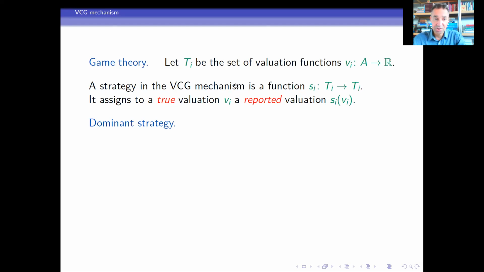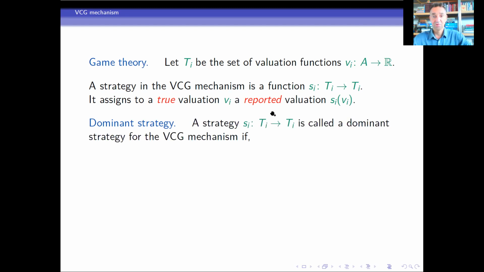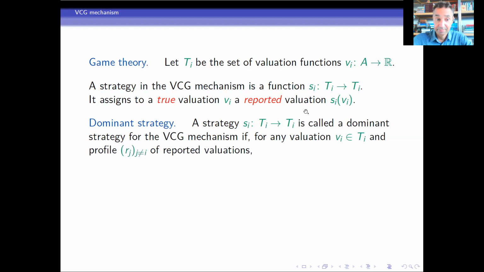What is a dominant strategy in this context? A dominant strategy is now a strategy of this type. It's dominant if, given any report of other people, this strategy maximizes your welfare. So you have a valuation for yourself and a profile of reported valuations of the other ones, and this is going to maximize your utility, so the report.